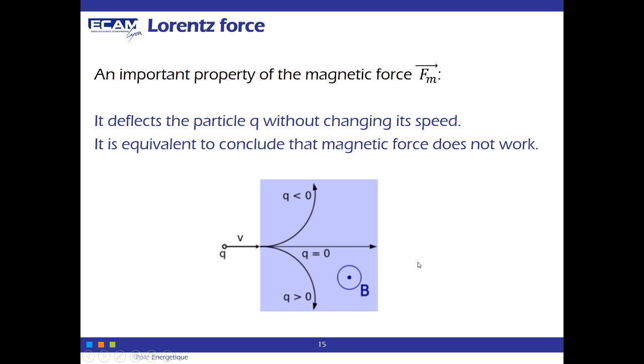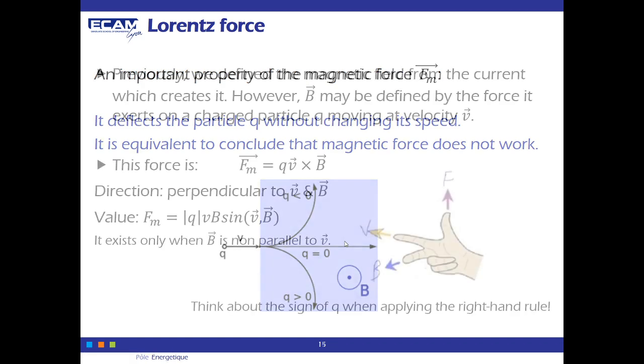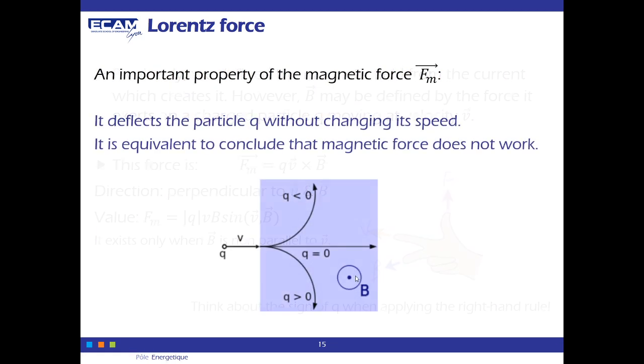The force depends on the sign of the charge. If it's an electron, it will be in the upwards direction, and if it's a proton, it will be in the opposite direction. If it's a neutron, which doesn't have any charge, of course the result will be zero.